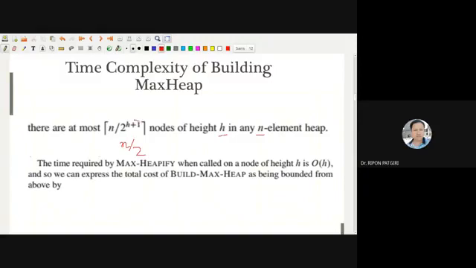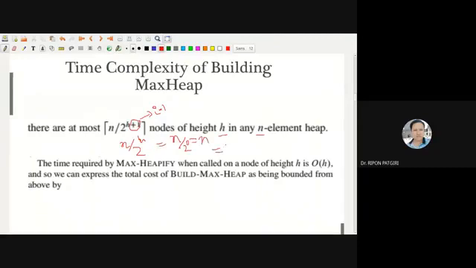Here they have assumed that index starts from 1. We assume that index starts from 0. That's why it becomes 2 to the power h. If the height is 0, then n divided by 2 to the power 0. What will be the total number? n.